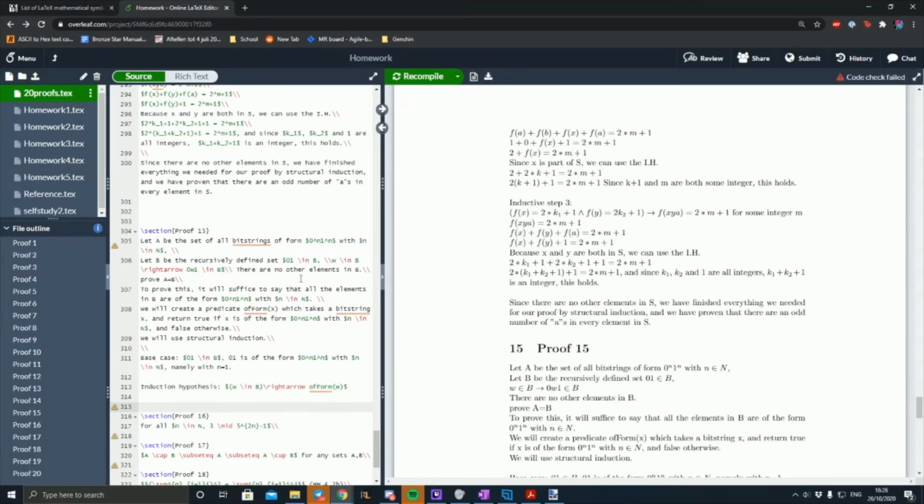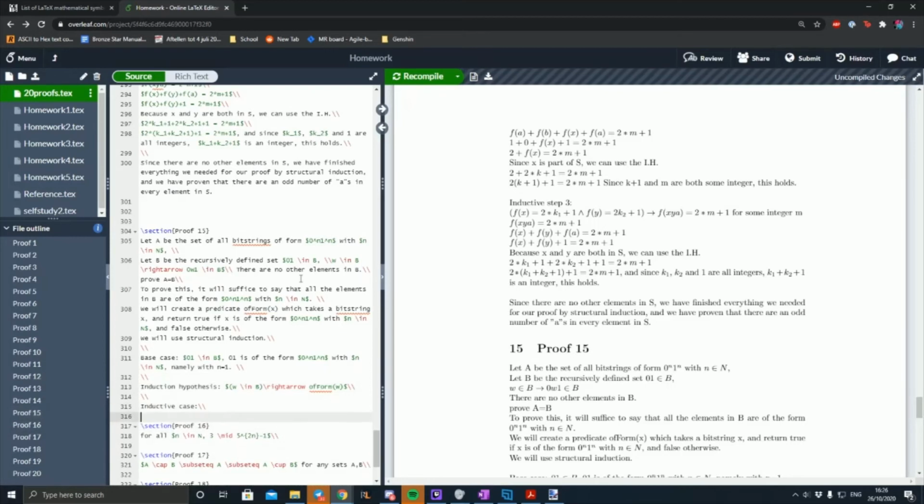Okay, and then we say that, inductive case. Yeah, okay, so this is the inductive case. The inductive case is that if of form W, then of form 0 W 1.